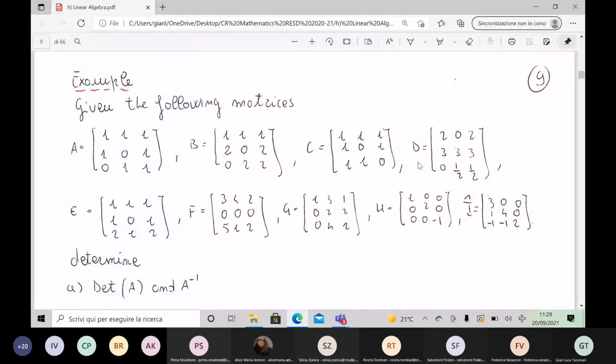Imagine exchanging the first row of A with its second row. So here you have 1, 0, 1, here 1, 1, 1, here 0, 1, 1. You have a matrix in this way.